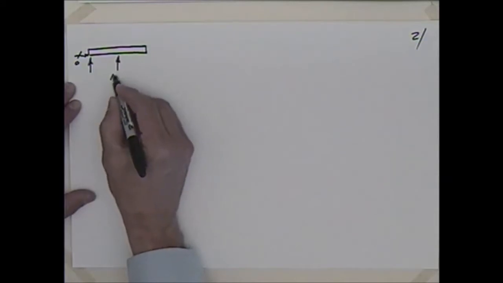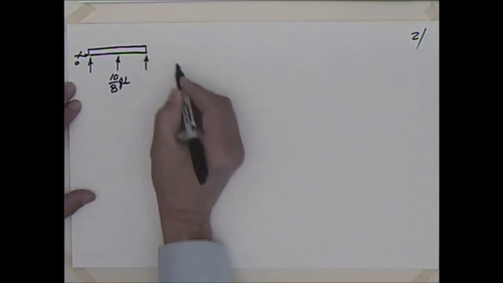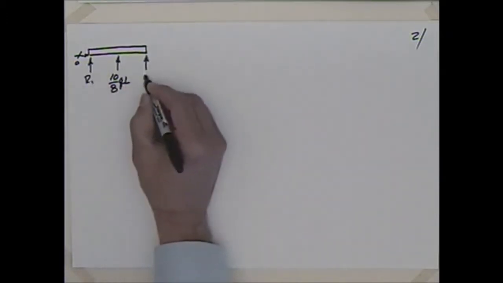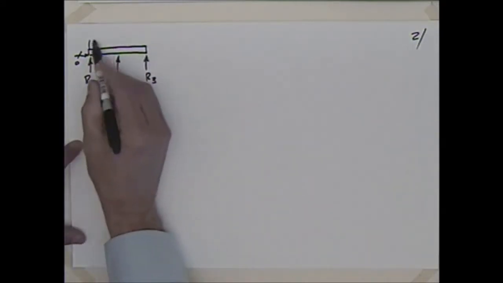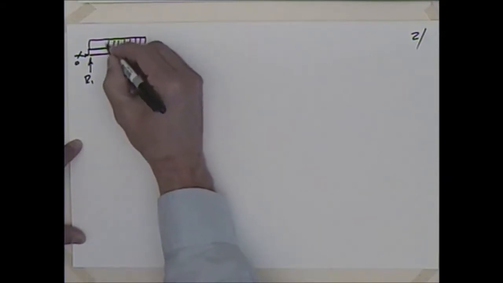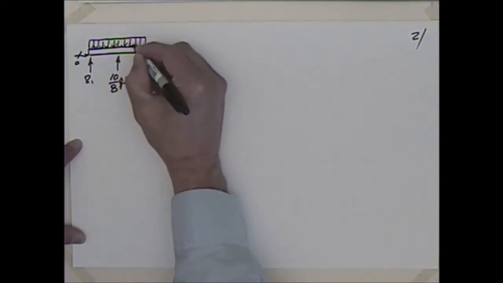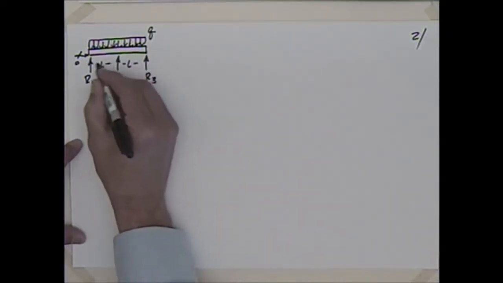We've just found that this was 10 over 8 times QL, and we have a couple unknowns here. Maybe we'll call this R1 and R3. That presumably would have been R2 possibly. And we've got this distributed load of value Q or W. I'll take Q. We've got the length L.